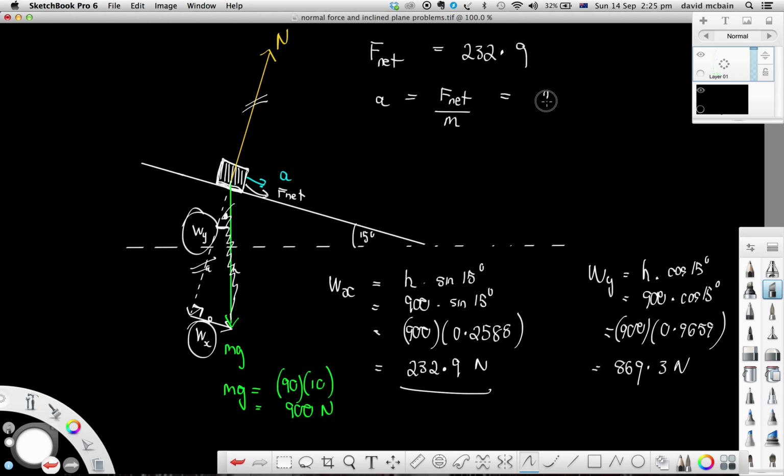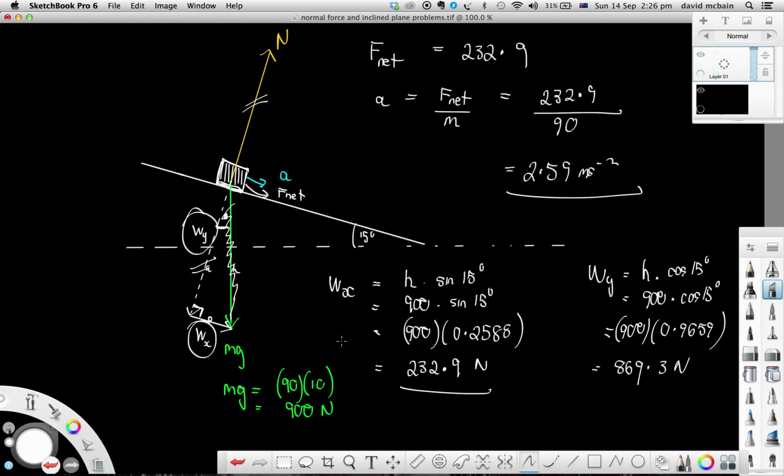So it's 232.9 divided by 90, which is 2.59. 2.59 meters per second squared. And that is the acceleration down the ramp of the person.